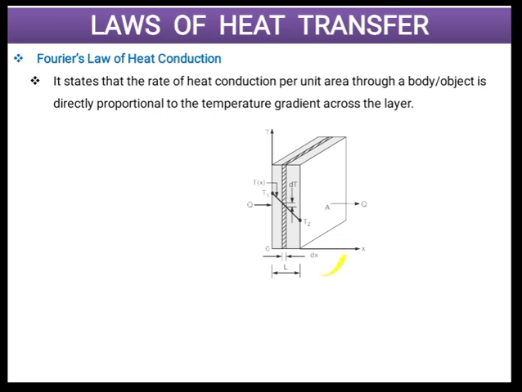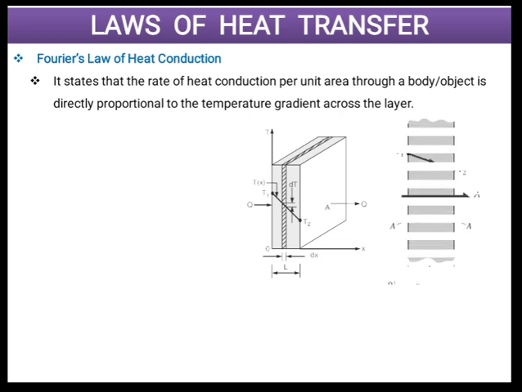This small strip will be having a thickness of dx, which means the distance for heat transfer changes by the magnitude dx. So, in this particular change in distance, there will be very small change in temperature which will be denoted by dT. So, we are talking about very small change in temperature with respect to very small change in distance dx. So, this physical understanding helps us to establish mathematical equation for Fourier's law of heat conduction.